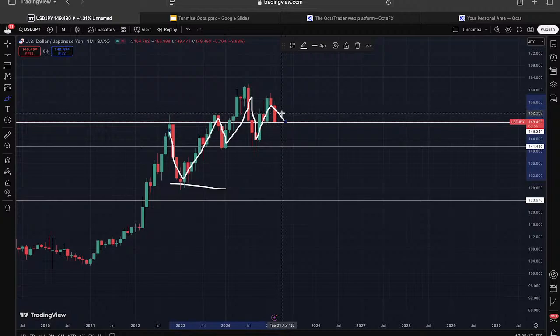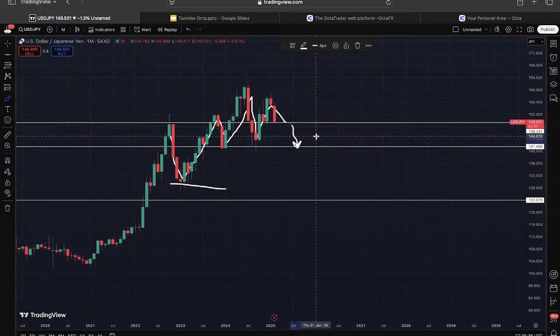With the structure of this market, USDJPY might just fall further, to complete this leg.